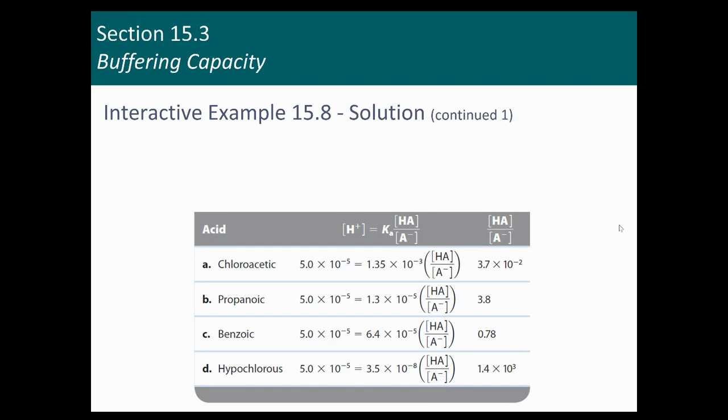We wanted a pH, so the desired pH is 4.30, and then I had written on the previous slide the pKa for each of these.